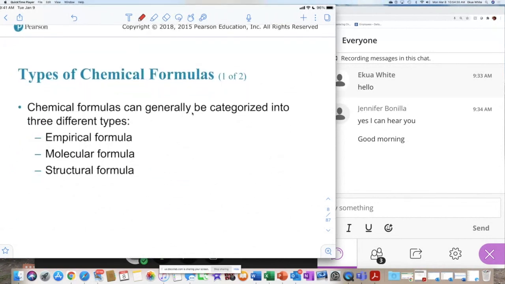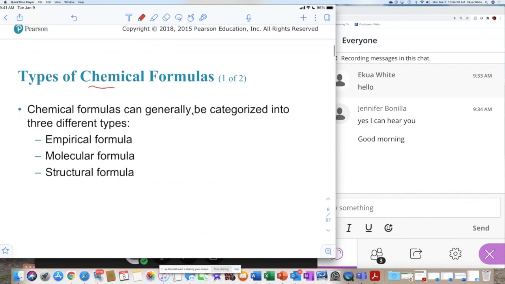We're going back to how chemists communicate. When chemists are writing information and dealing with chemical formulas, there are different ways or different levels or different rationales of writing the chemical formula the way it's written. The three different ways are empirical formula, molecular formula, and structural formula.